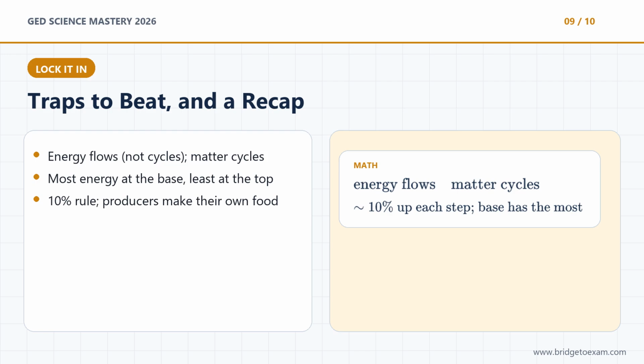No, producers make their own food. 4. Thinking removing a species is harmless. No, it ripples through the whole web. The recap: follow the energy, keep only 10% each step, and remember, energy flows while matter cycles.